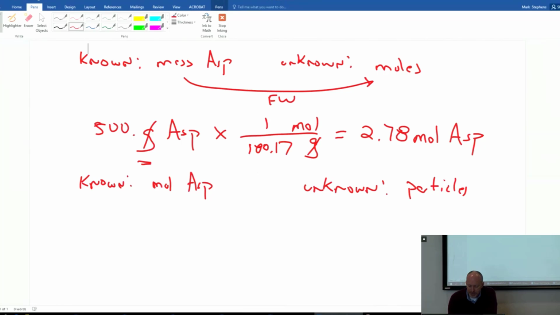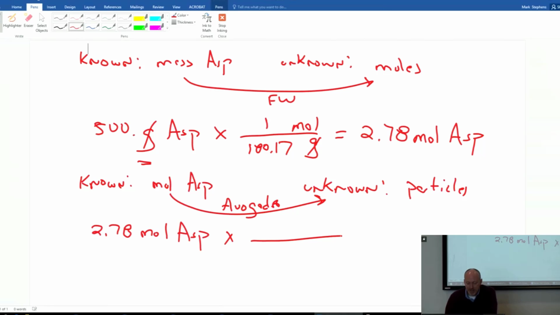So my mole map tells me the bridge between moles and particles is Avogadro. And so my fully described initial condition is 2.78 moles of aspirin. And my mole map tells me I can do it in one step, where moles in the known position puts moles in the denominator of the conversion factor.